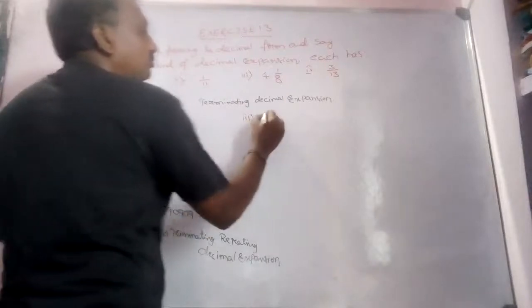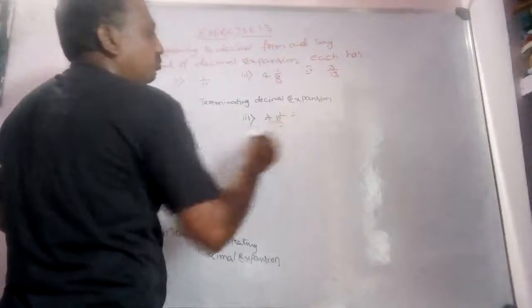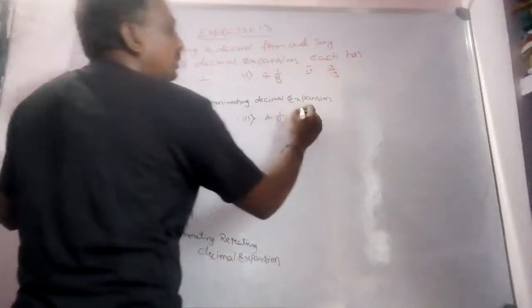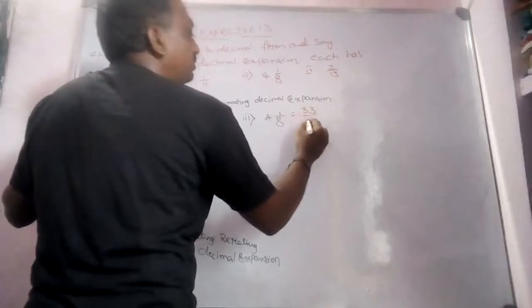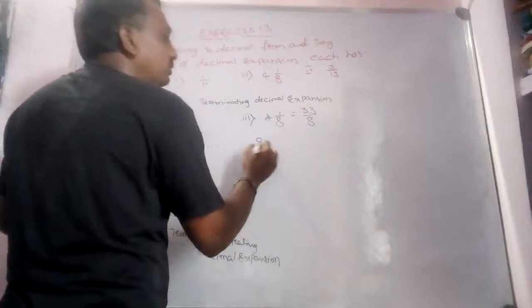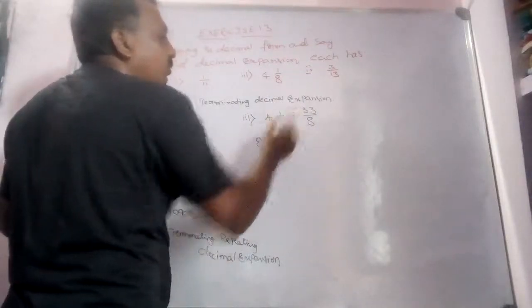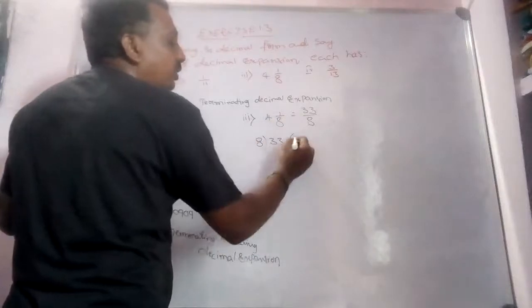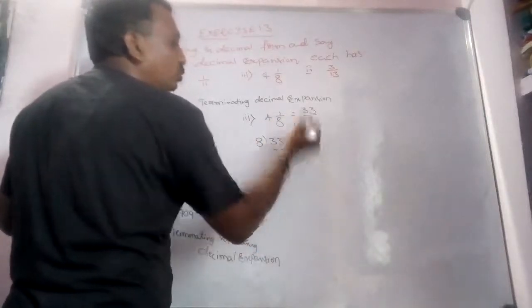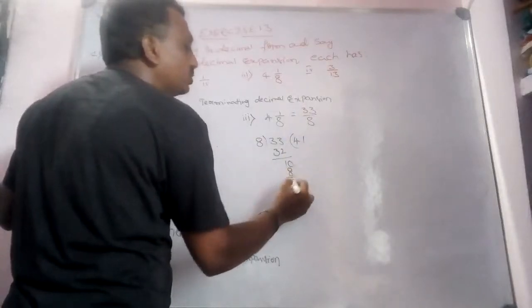Next, the third one: 4 1 by 8. It is a mixed fraction, so first convert to an improper fraction: 8 fours are 32, 32 plus 1 is 33, so 33 by 8. Now divide 33 by 8. 8 fours are 32, remainder 1. It does not go, so keep the decimal point and a 0. 8 ones are 8, so 2 remains.